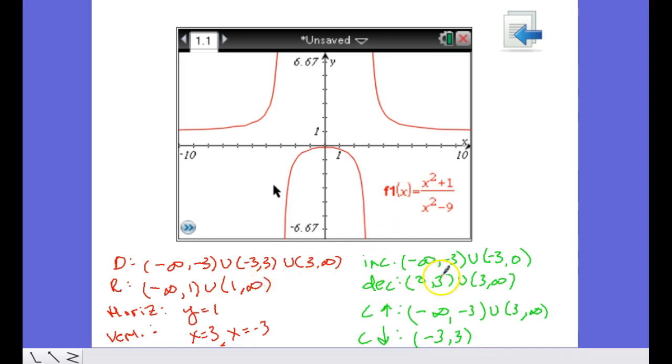This information can help us sketch a curve like this. Now remember, when we're sketching curves, we're not necessarily concerned about creating a t-table and plotting the points. We're concerned about the overall behavior of the function, this information here. And so sketching a curve is different than graphing.